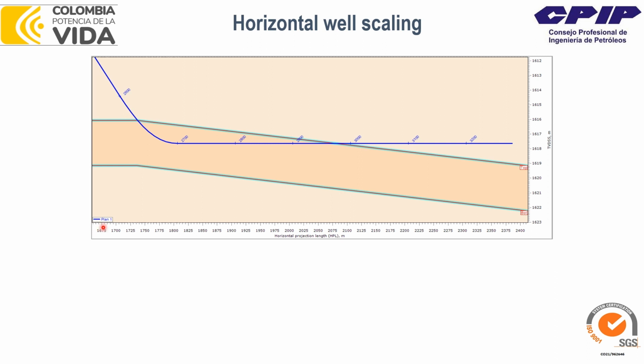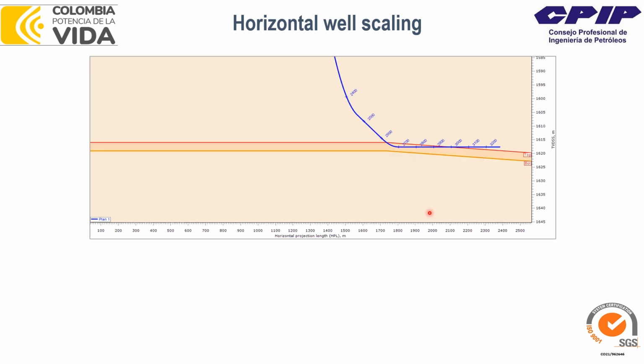we have a ratio like 1 to 70. So for 10 meters in vertical scale, we have almost 700 on the horizontal scale, right? And working with the geological section, we can zoom it in many ways. So, for example, we can put it like this, right? In this case, it will be a ratio of 1 to 40, for example.